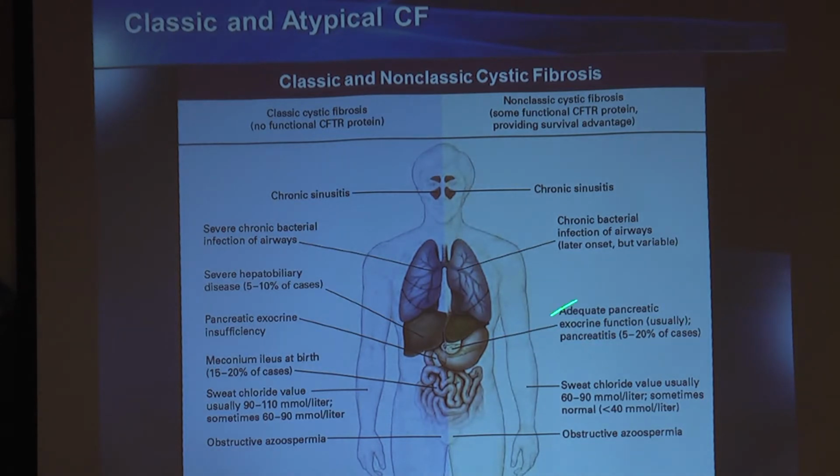But they may not require enzyme therapy because they're making enough enzymes to digest food, and their sweat chlorides tend to be lower than in classic CF. The males are still infertile because the vas deferens, the sperm duct, is probably the most sensitive tissue in the body to CFTR dysfunction.